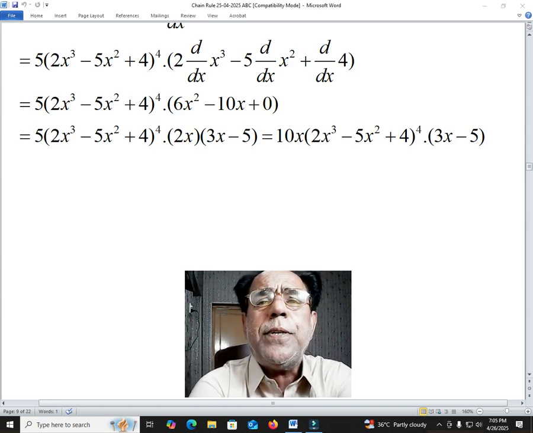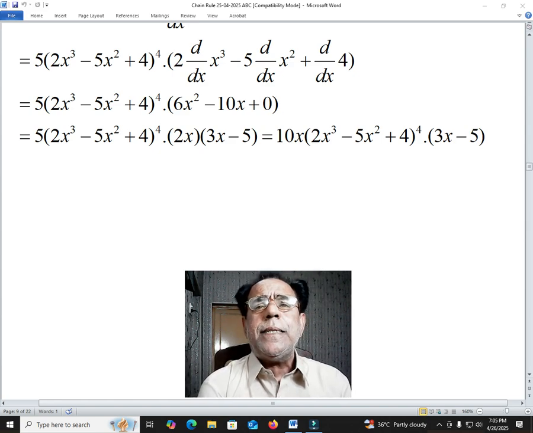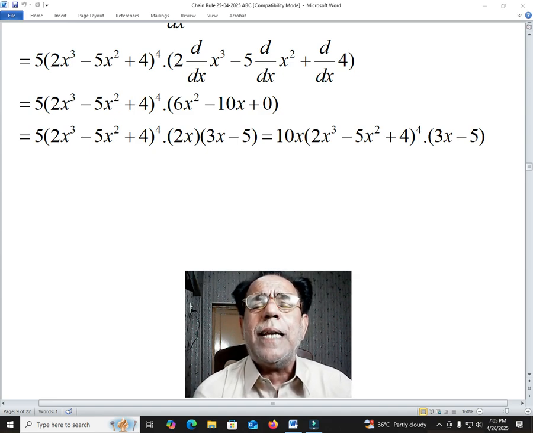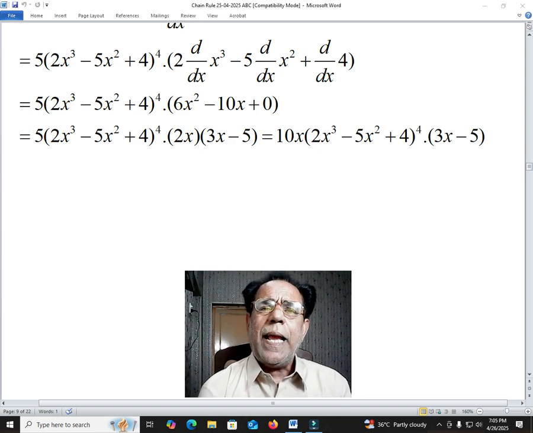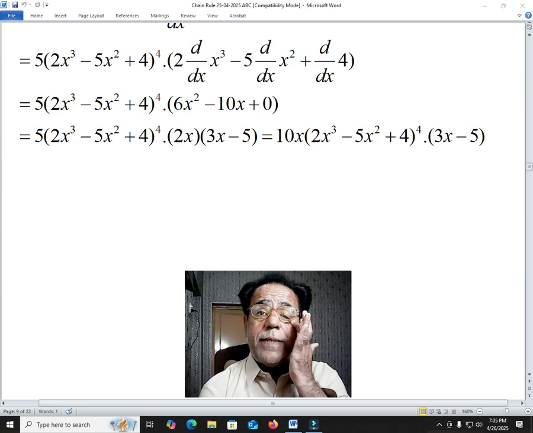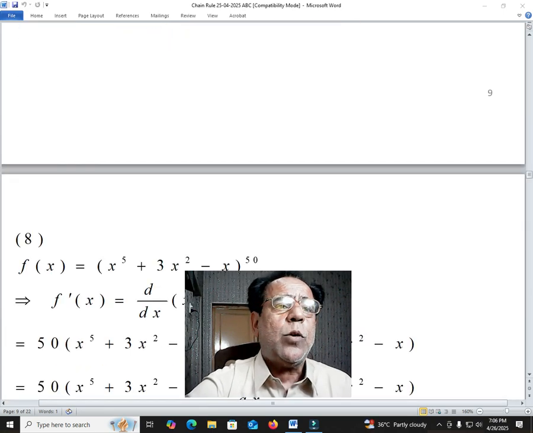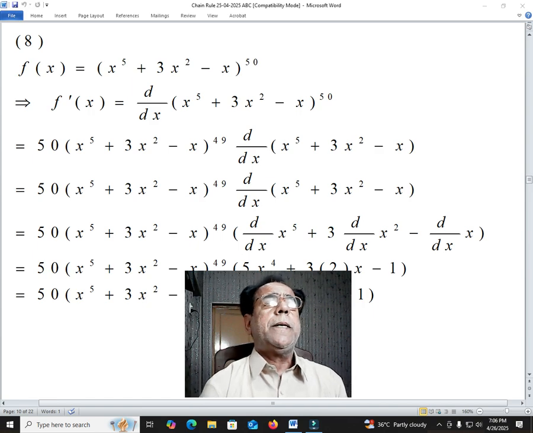If we do not write this dot, even then our answer will be quite correct. Here dot is not necessary, it is just as a matter of discretion being used. Now we come towards problem number 8.